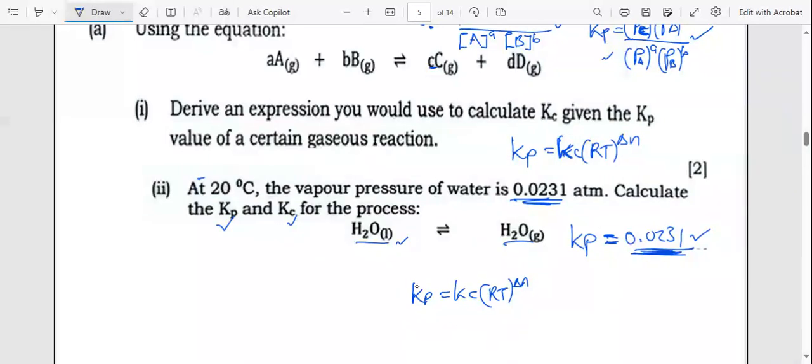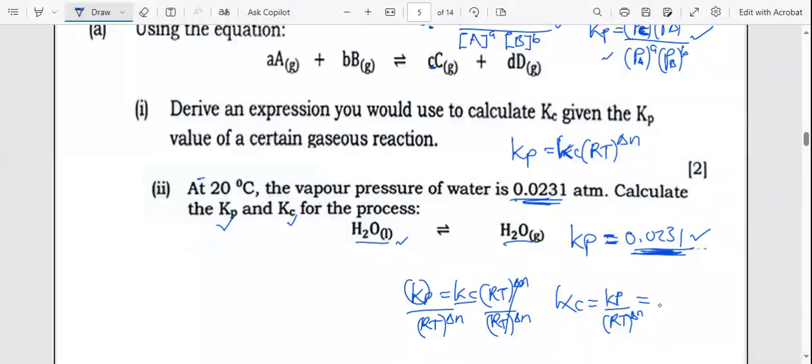So I can divide throughout by RT to the power of the change in moles, so that Kc is equal to Kp over (RT) to the power of the change in moles.